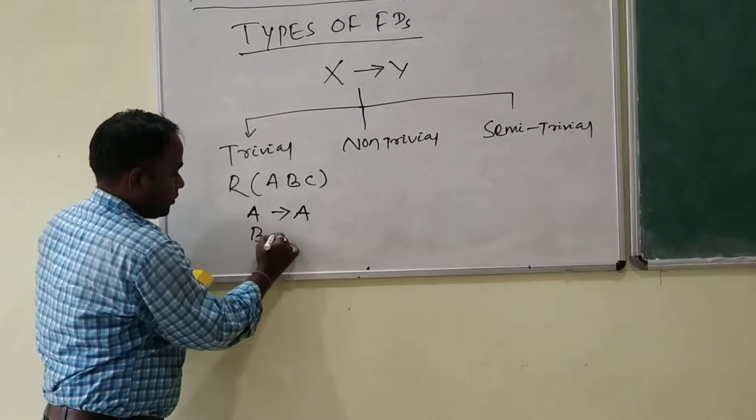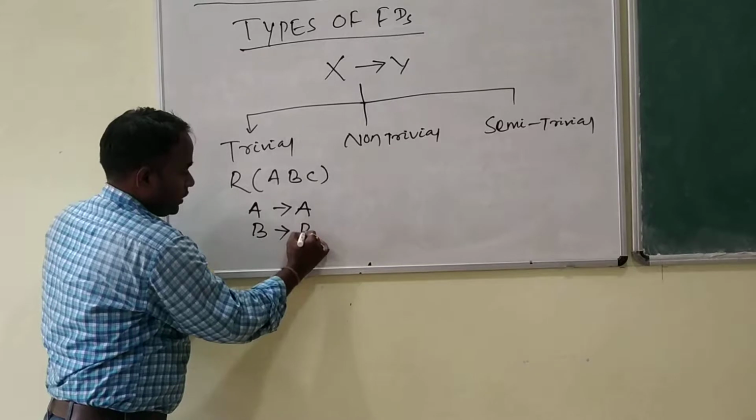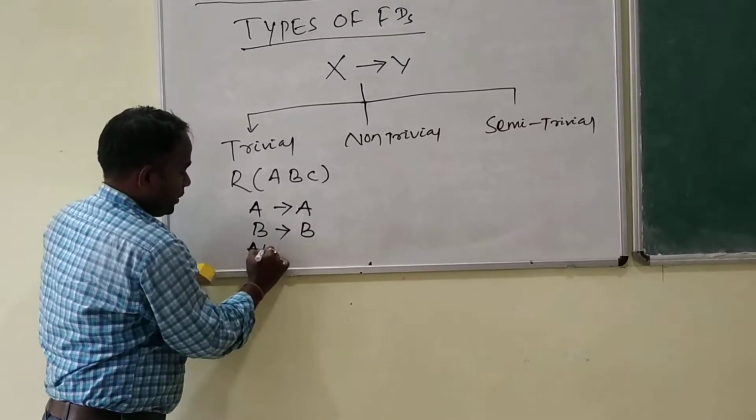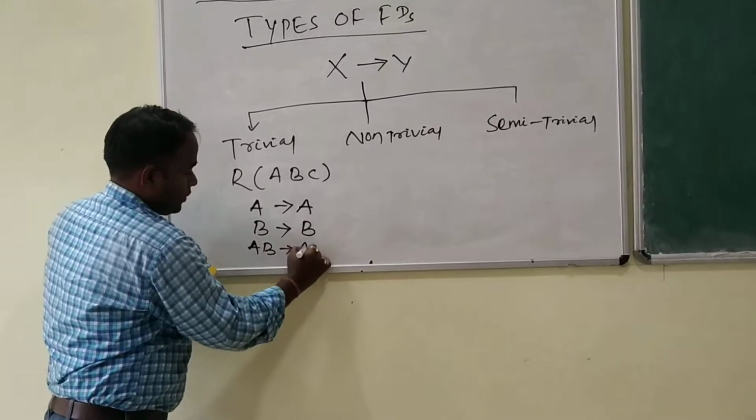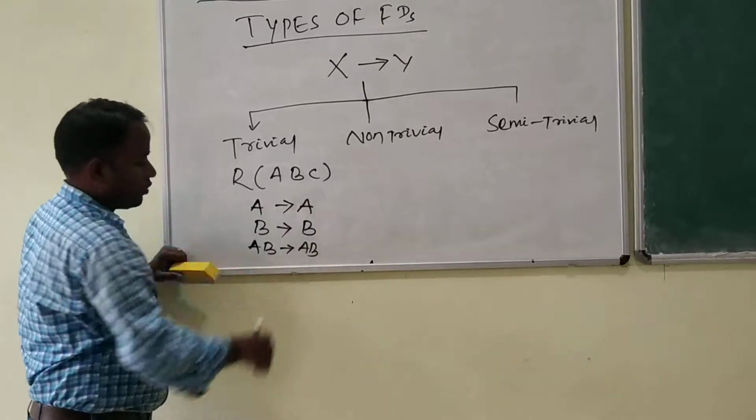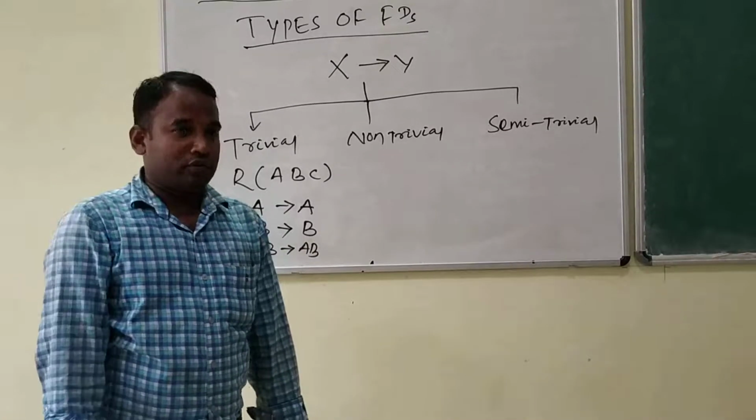Similarly, I can have AB determines AB. So these are the trivial functional dependencies.